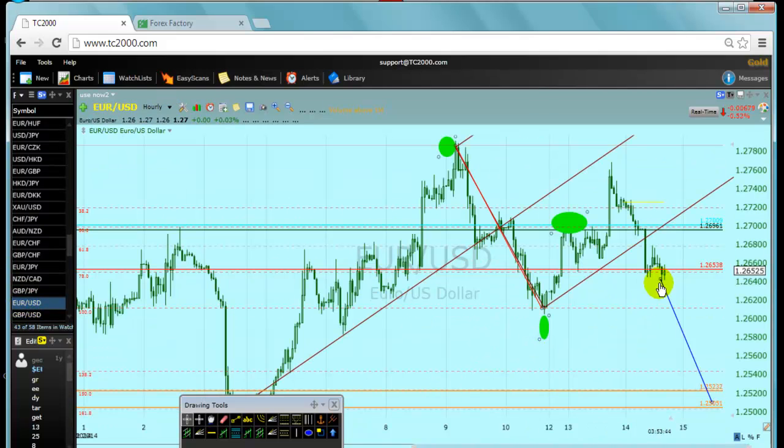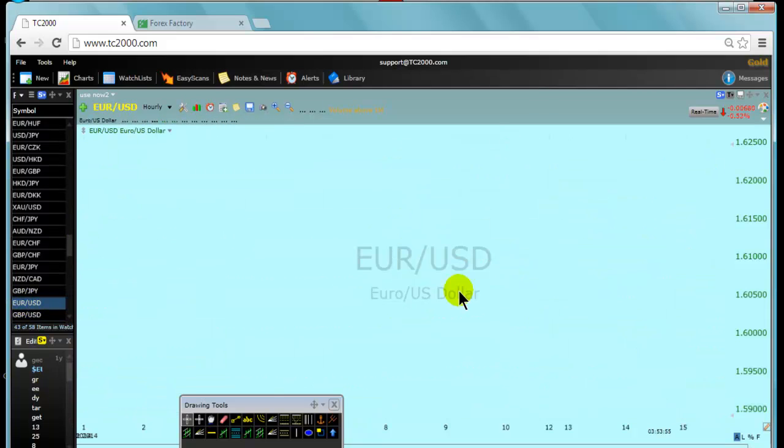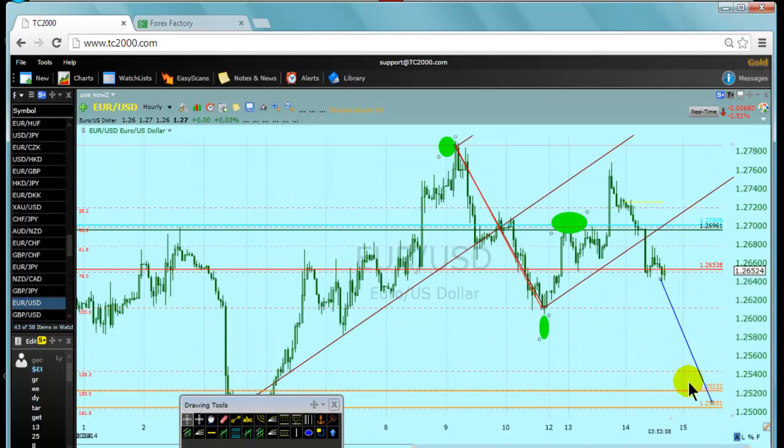If the euro continues to go down while I buy the pound-dollar currency pair, that will make my trade fail. So I will be waiting for the Euro USD to go down, and if it reaches this zone, or near this zone, I will decide to buy the pound-dollar currency pair.